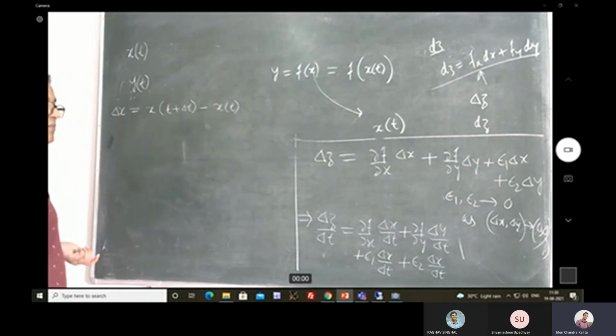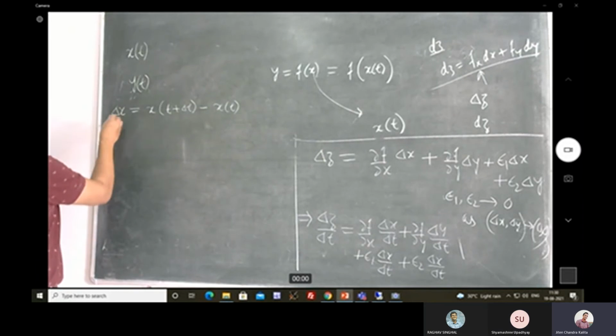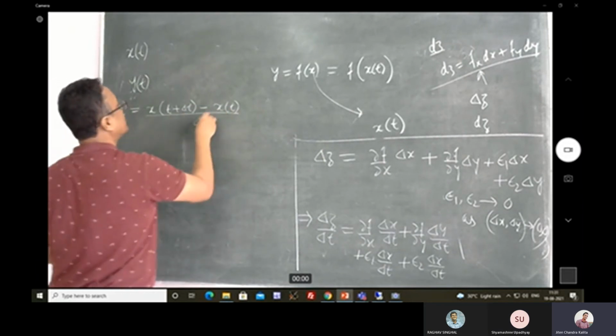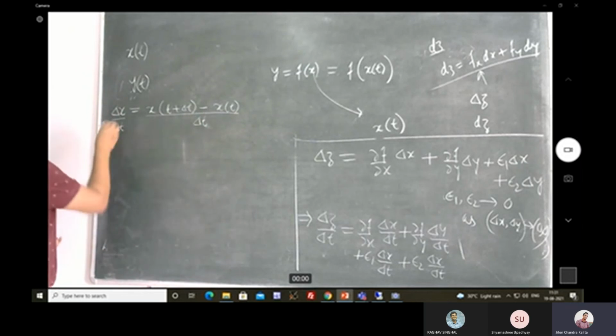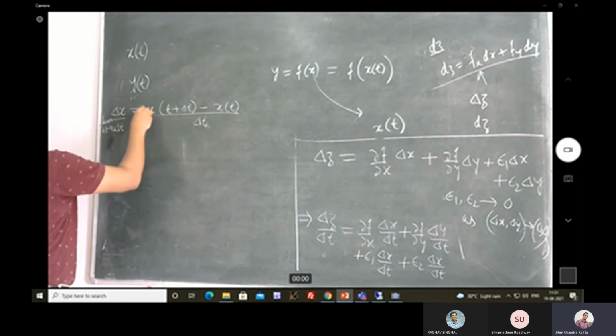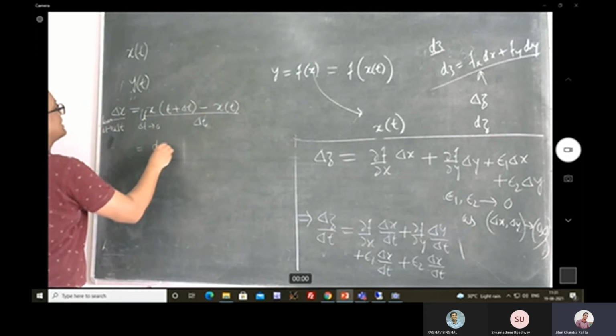Is it okay? Fine. Now let us see what this becomes. And if I take the limit delta t tends to 0, this is simply your dx/dt.